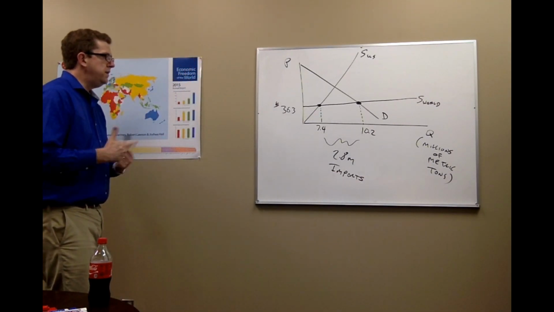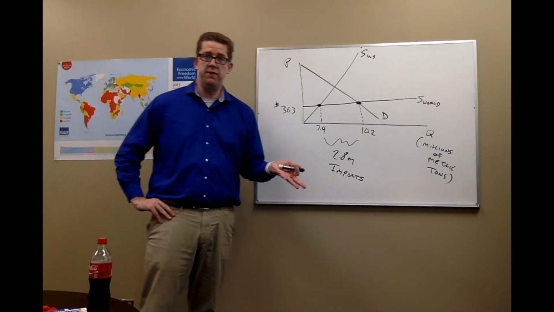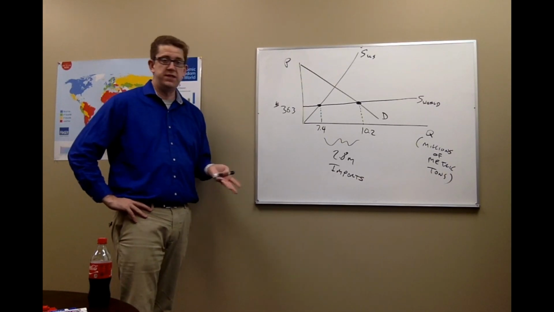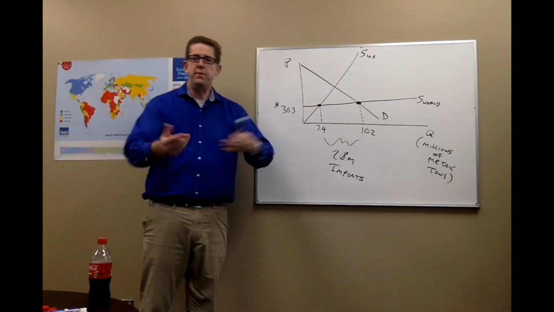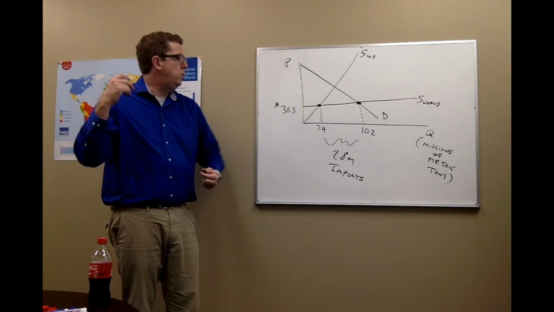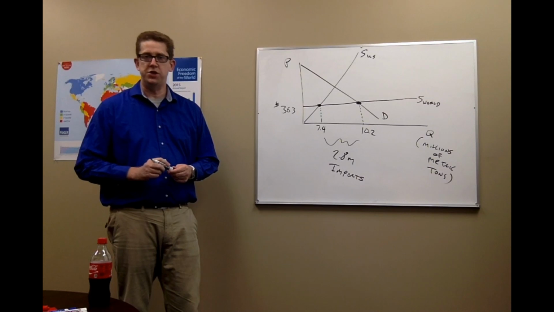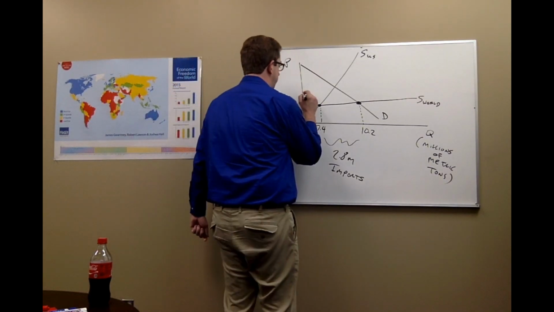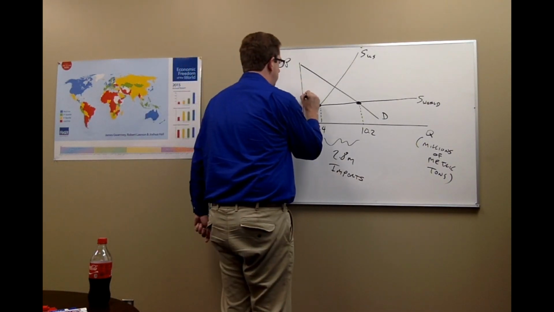Now, steel tariffs generally tend to be a fairly popular policy. Steel companies love them because they raise the price of steel. A lot of voters love them because they think that steel jobs are kind of nice to have in the United States. So a bunch of people go to the politicians and say, well, we would really, really like it if you protected us from foreign competition. If you were to impose a tariff on foreign producers of steel.